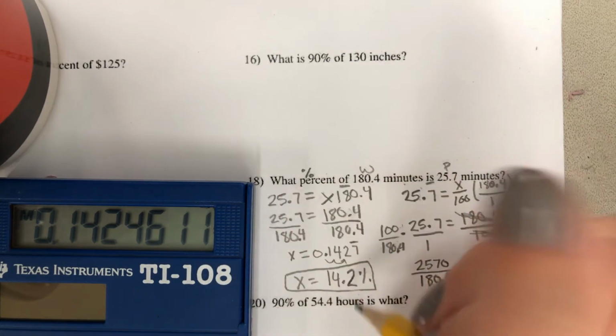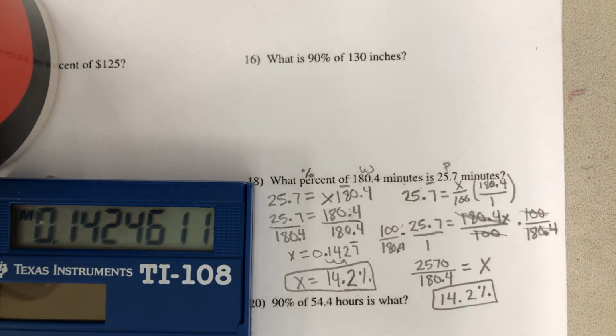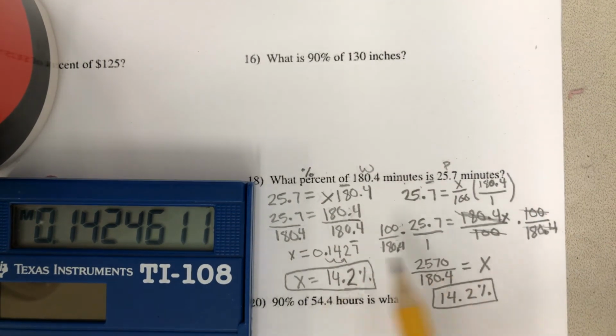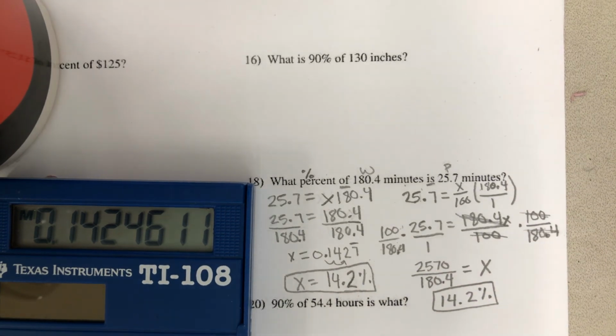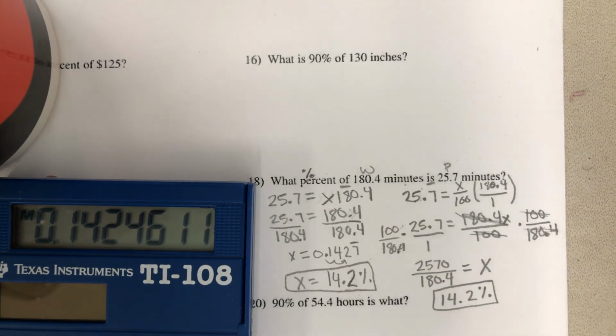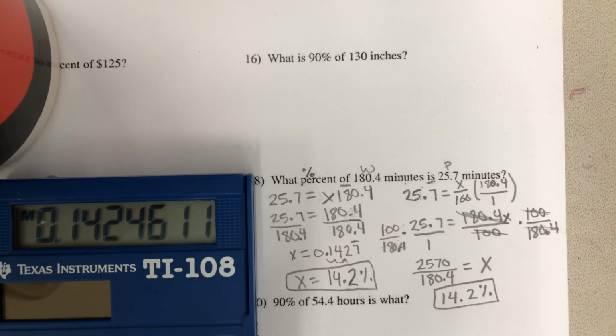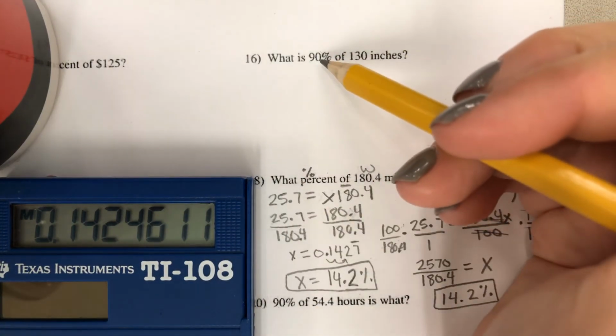Okay. So you are welcome to use either way to do that. Both of them are equations and both of them are acceptable equations. So you may use that in order to solve when you are doing your percents, like on 16.